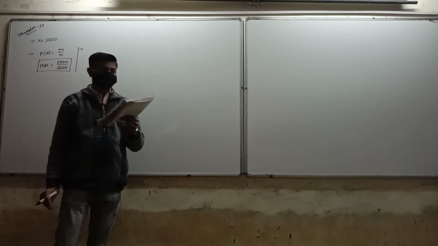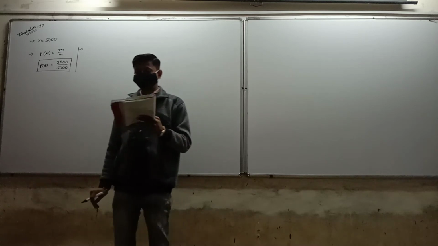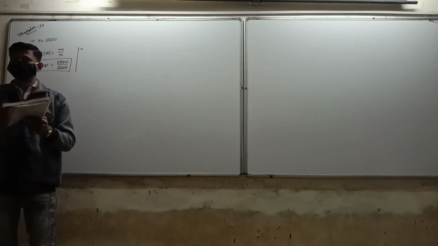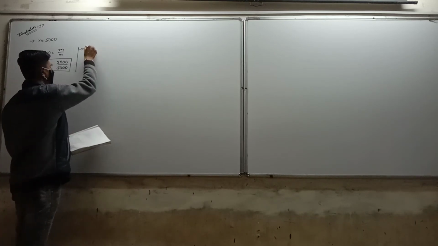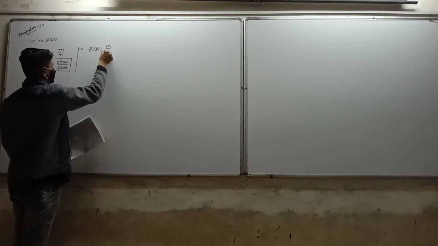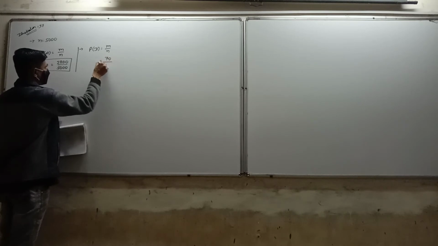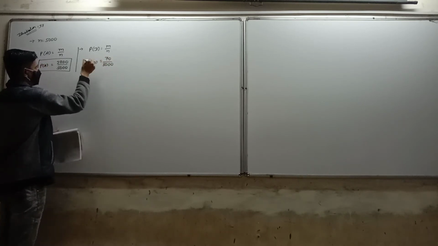So check it, total number of defective items, second row, last column total 70 items are defective from both the shifts. So write down P of D is equal to m upon n, 70 upon 5000. P of D.